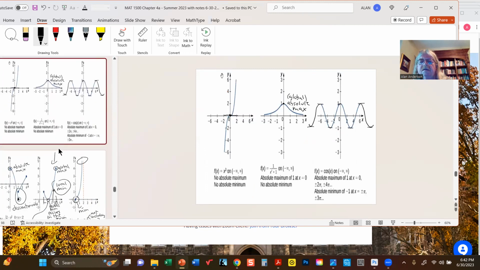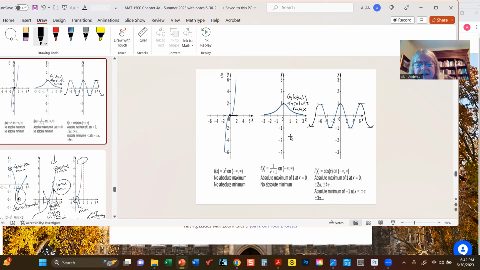All right. So I think we've already seen some of these. These are actual functions that have a critical point, which in the first case is neither a maximum nor a minimum. There's a special name for that we'll see later on.